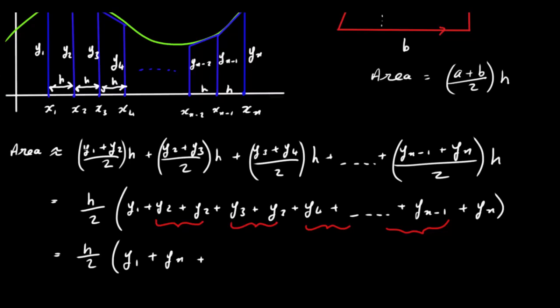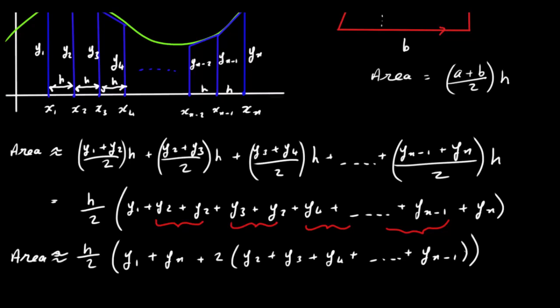So let's just say plus twice (y2 plus y3 plus y4 plus all the way out to yn minus 1). And that's it. That's our formula for the area underneath the curve. I should really put approximate here. It approximates the area underneath the curve.